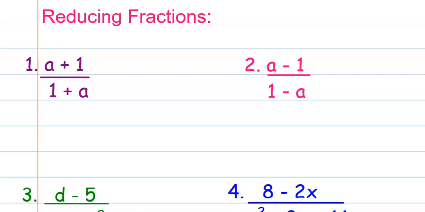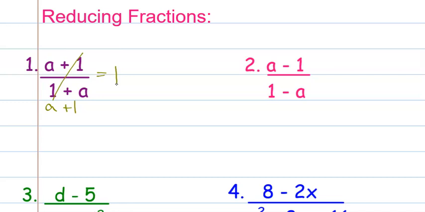Okay, so let's do some practice. One thing to note is that when factors are swapped, like a plus 1 and 1 plus a, that doesn't matter, because we can just rearrange this and say a plus 1, and it's the same thing, and that's 1. However, with subtraction, you can in fact cancel these, and you might remember from maybe Algebra 1 what happens when you do.